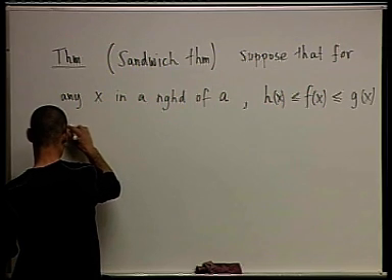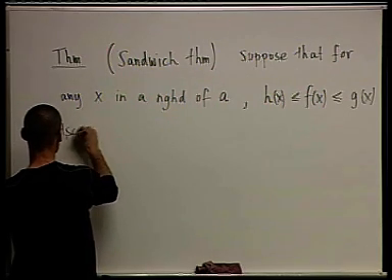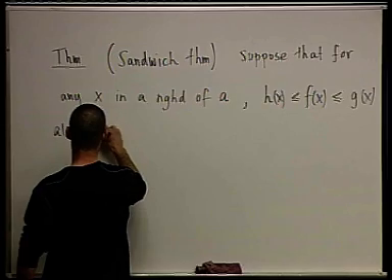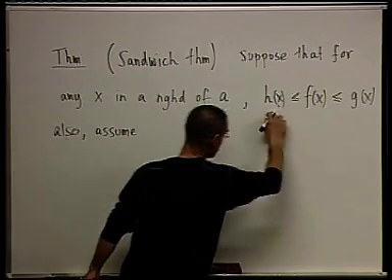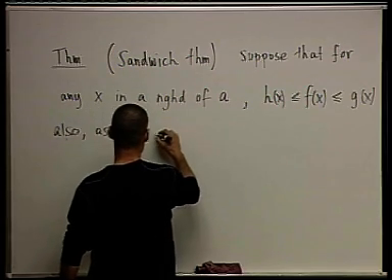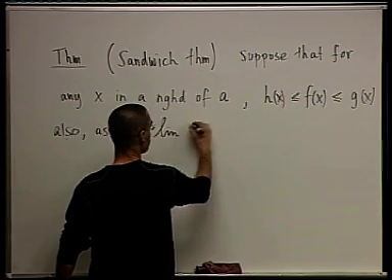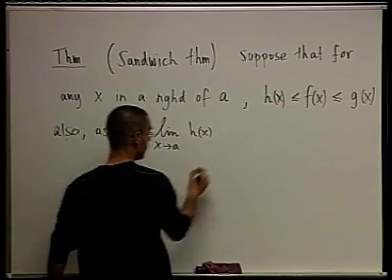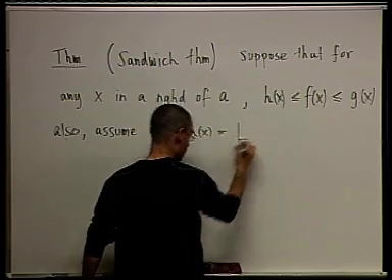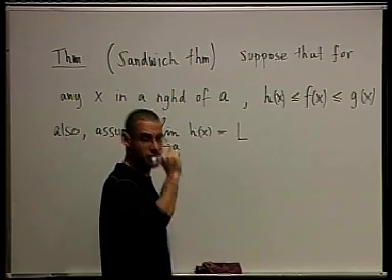Also, assume that the two outer functions have limits at A. That the limit of h of x as x approaches A equals L, and g has the same limit.